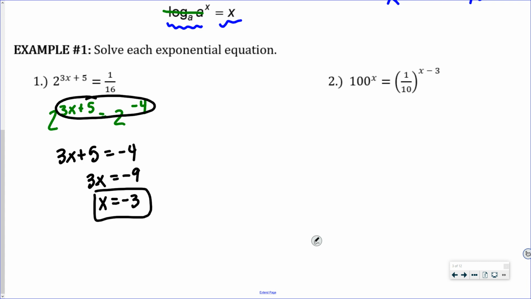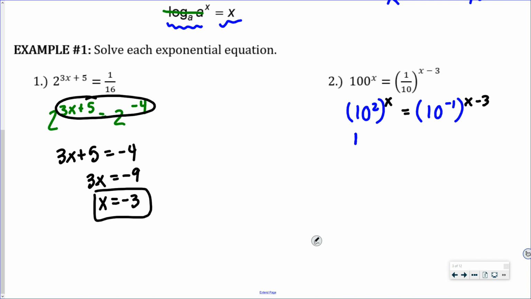All right, I have 100 to the x equals 1/10. What number could I rewrite with a common base? 10, right? I could rewrite 100 as 10 squared. So I have 10 squared to the power of x. And I could rewrite 1/10 as 10 to the negative first. Power to a power.